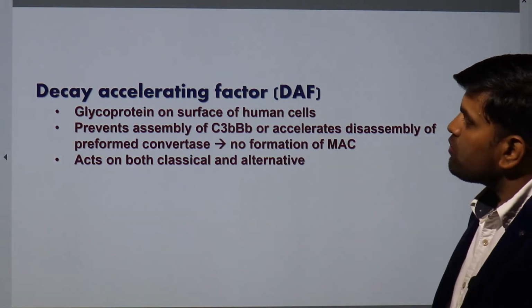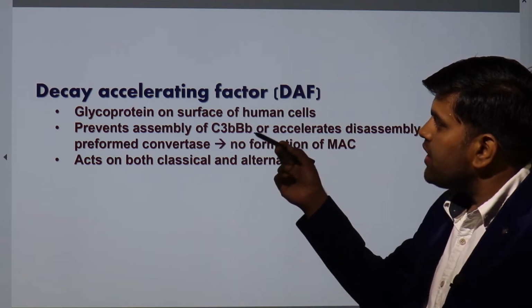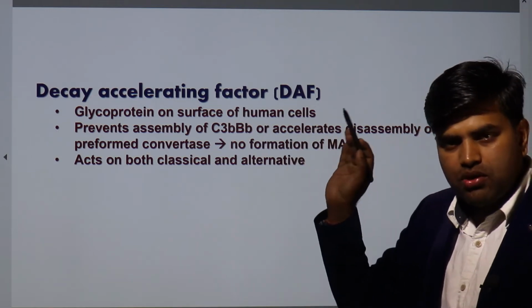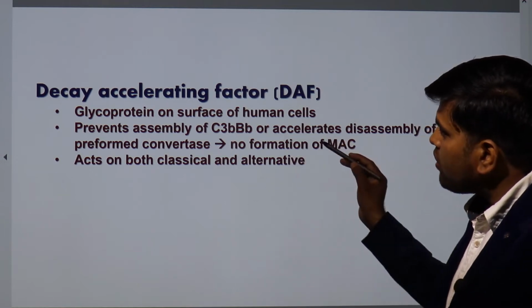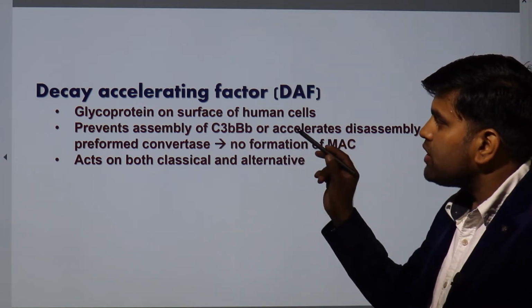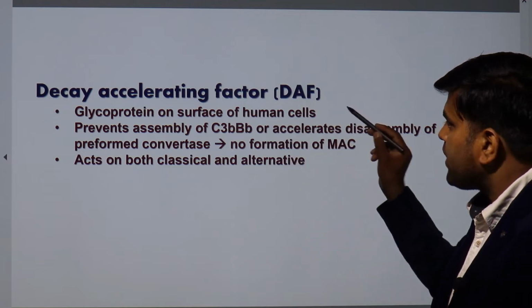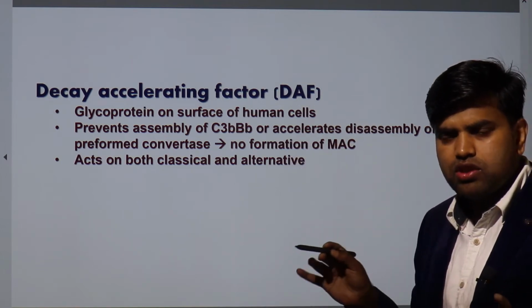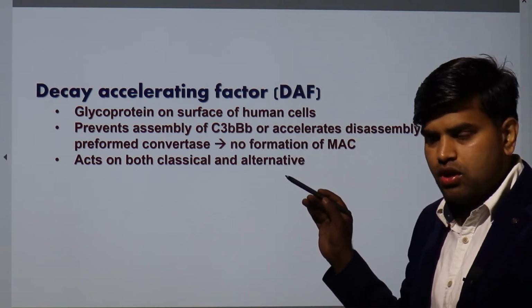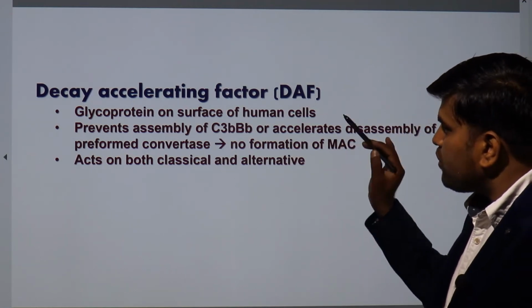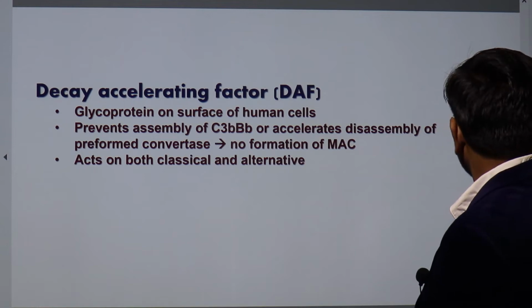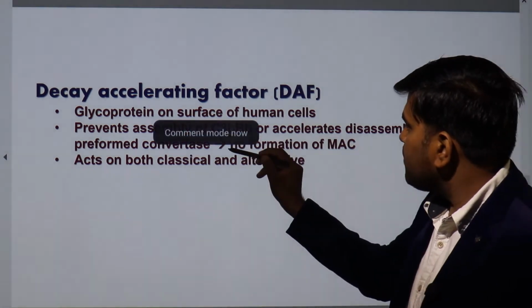Okay, so coming to another point, there is the decay accelerating factor. We have talked about the classical and mannose binding lectin pathways. Then there is the alternative pathway. In the alternative pathway, this decay accelerating factor DAF is present. This is also called CD55. This protein is present to inhibit the formation of C3bBb.